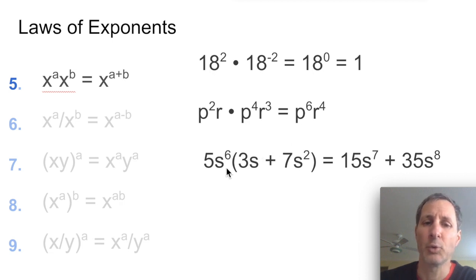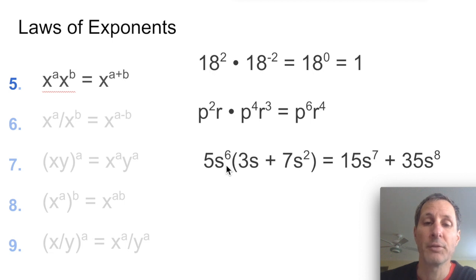This example is a little more complicated because we have to apply the distributive property. 5s to the 6th power, we have to distribute that across the first term and the second term inside the parentheses. So when we apply 5s to the 6th, we're going to multiply the constants. 5 times 3 is 15. And s to the 6th times s to the 1, we add those two exponents and we get s to the 7th power.